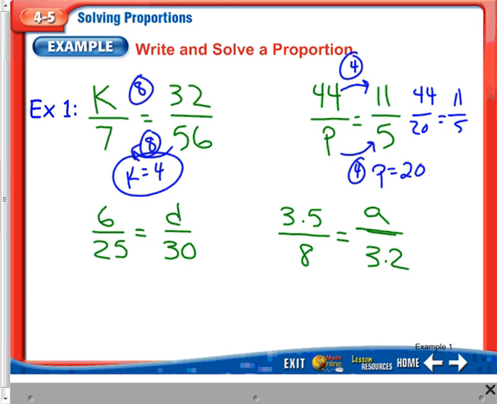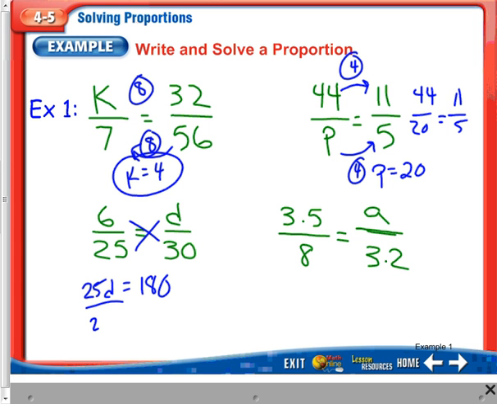Now these actually get a little bit trickier because I can see from 25 to 30 there isn't a quick and easy basic fact to get there. So we are actually going to use cross products here. Again, what we say is we cross multiply. So I'm going to go 25 times d, and I rewrite it as an algebraic equation, 25 times d, and then 6 times 30. Well, 6 times 3 is 18 with a 0.